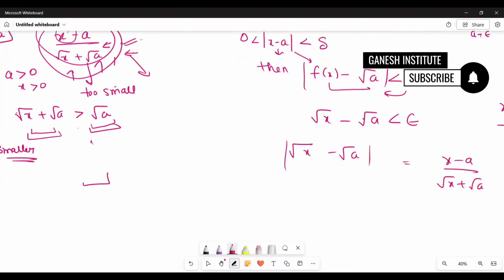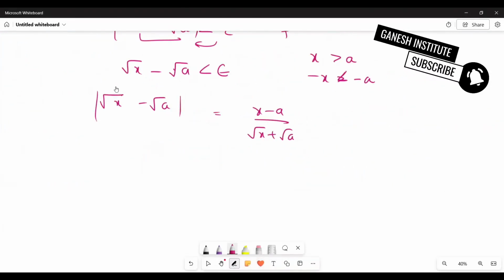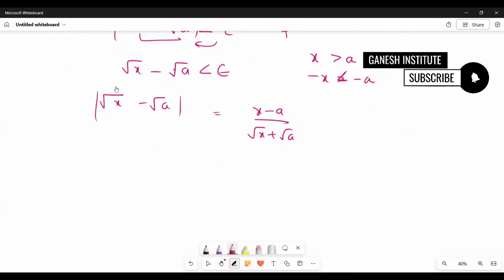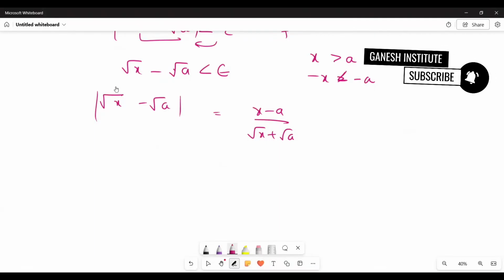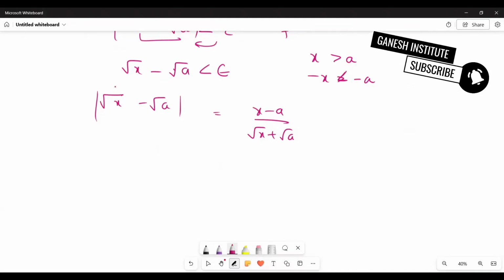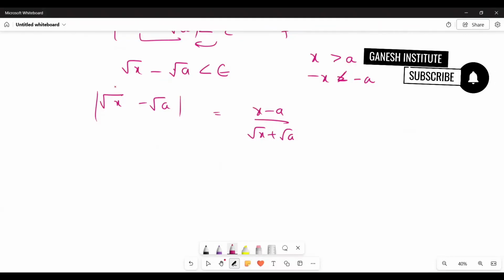So you have that conjugate, and now try to bound the denominator as well, to see that it is not boundless, it is not increasing without limit. It has an upper bound, it is smaller than a particular value.